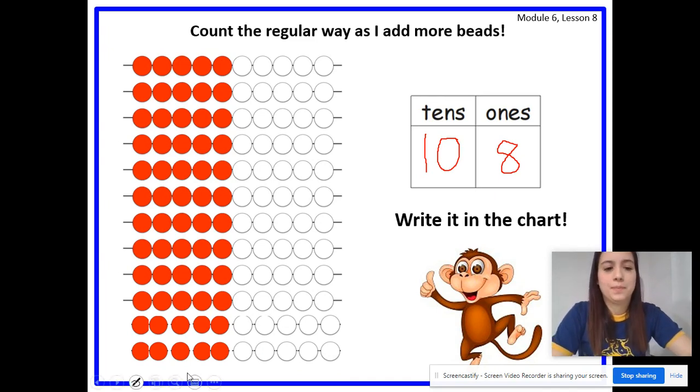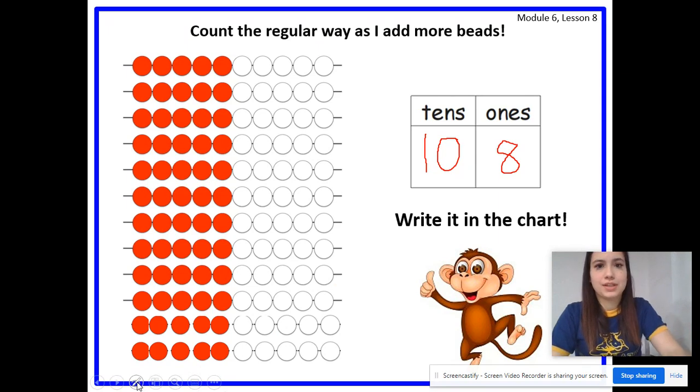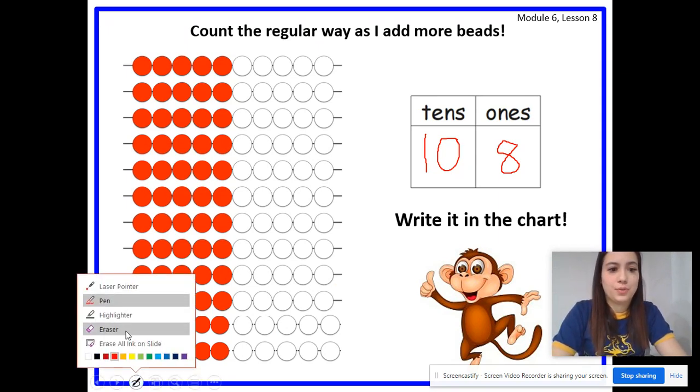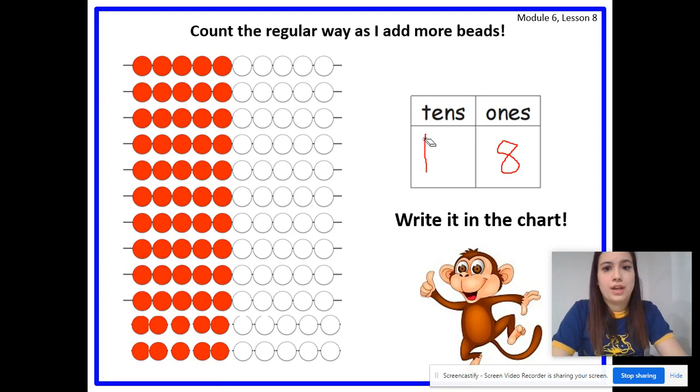So what number did we stop at, boys and girls? Yes, 120. Very good.